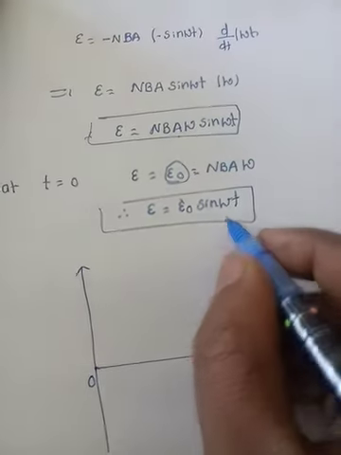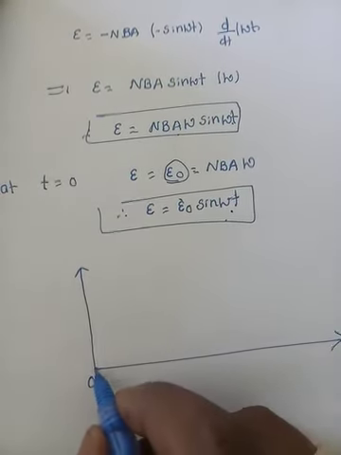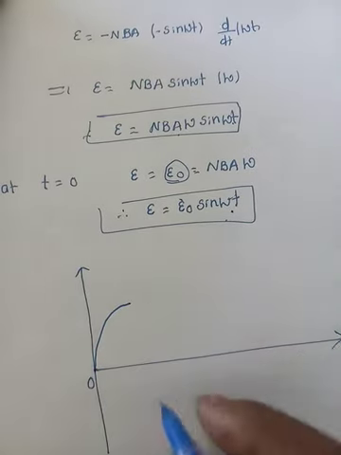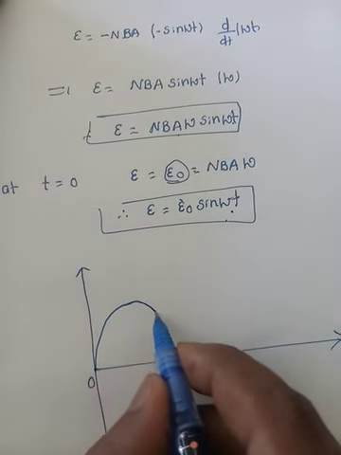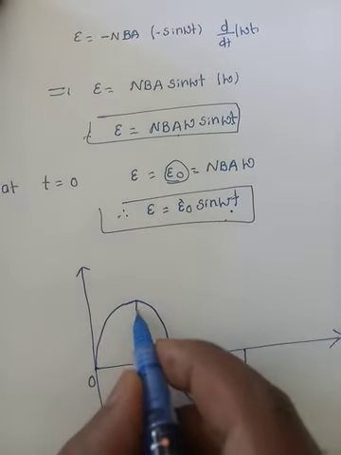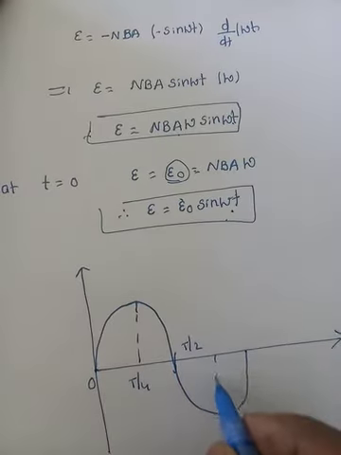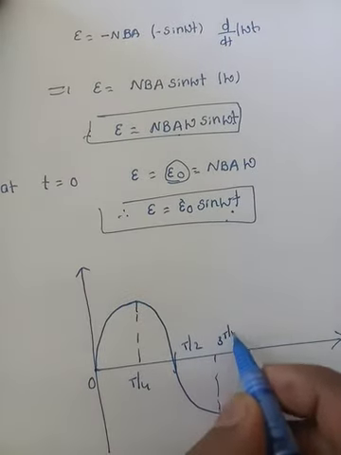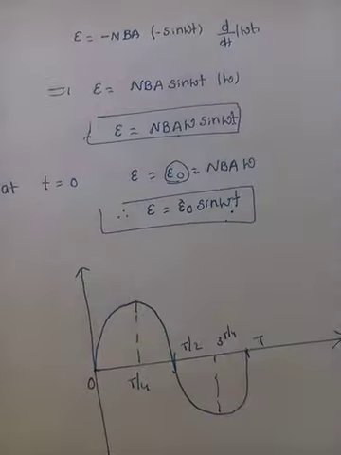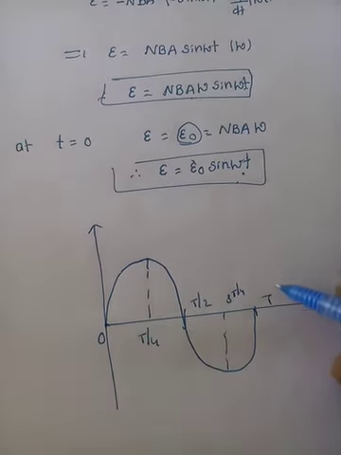Next, at t by 4, E naught will be maximum, then again decreases. So, this is at t by 4, this is at t by 2, this is at 3t by 4, and this is at t. In this way we produce current which is varying with respect to time.